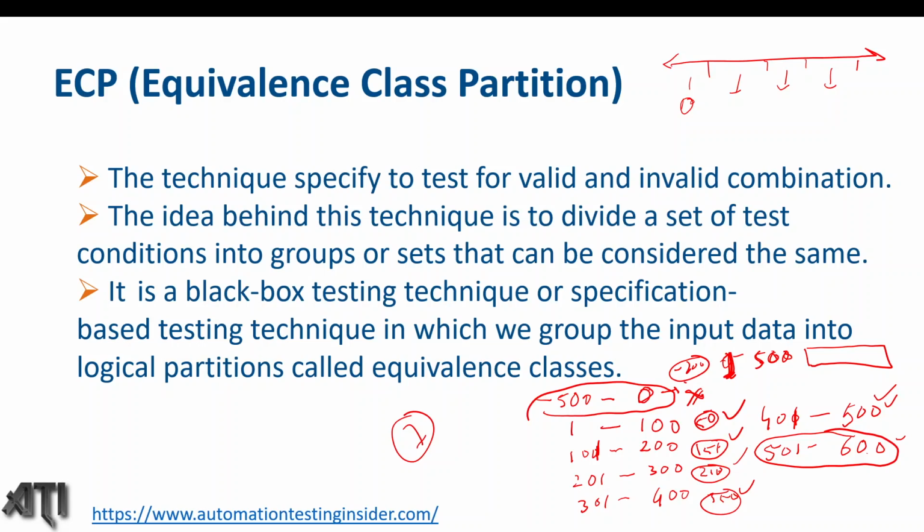So out of 7, 5 are positive test cases and 2 are negative. This is how you can derive the test cases based on equivalence class partitioning. Let's talk about another example in the next slide, guys.